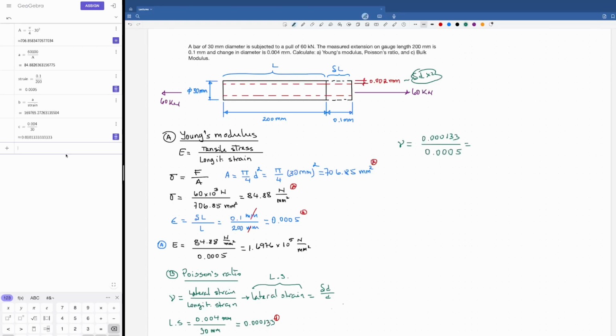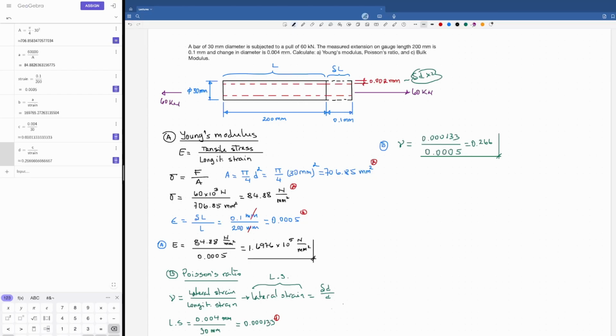You see how much is that? 0.266. And here is my B result. We can mark it like this. And we can mark the Young modulus also to have a reference of it like this.